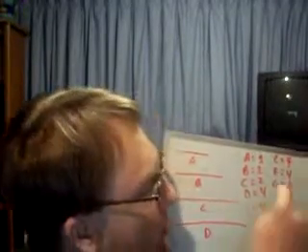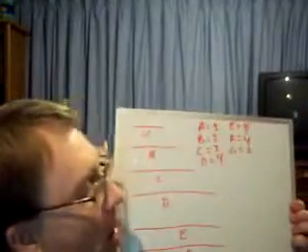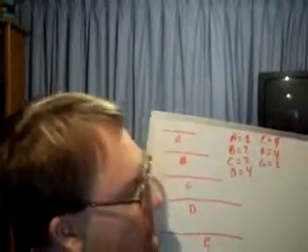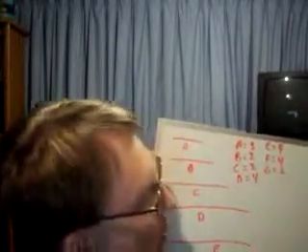Again, since A, by multiplying C, has made G, 1 times 2 has made 2. But further, B has also, by multiplying C, made F. Well, 2 times 2 has made 4.